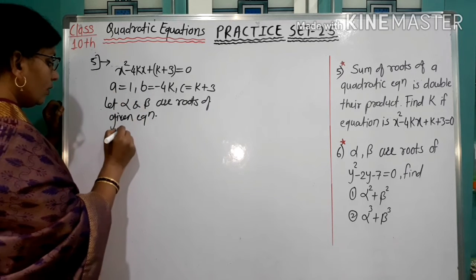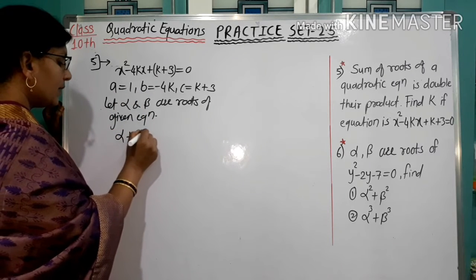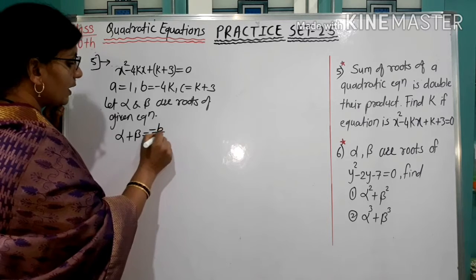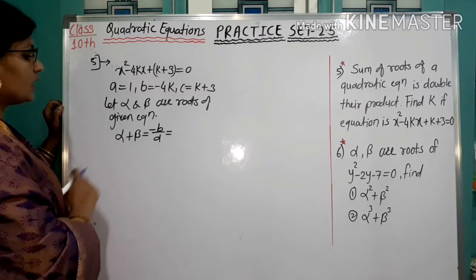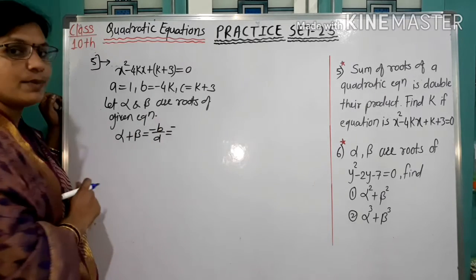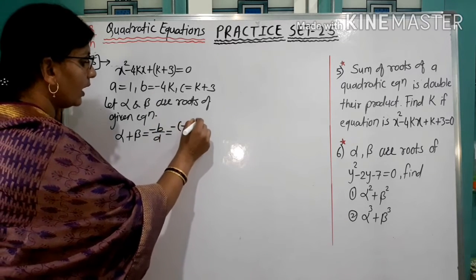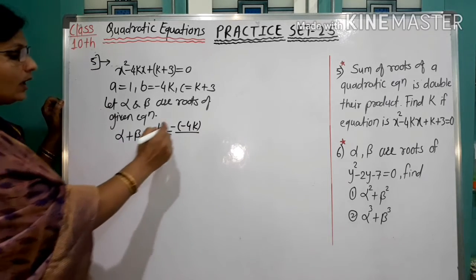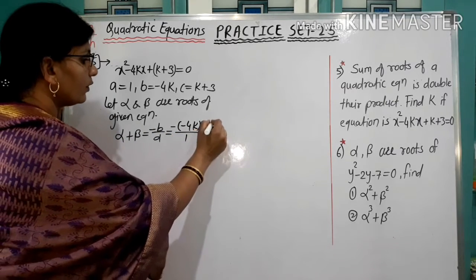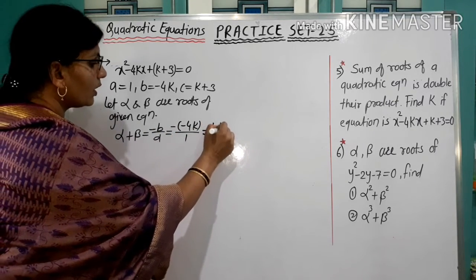Then we find alpha plus beta equal to minus b upon a. Put the values of b and a. The value of b is minus 4k and the value of a is 1, and therefore its value is 4k.